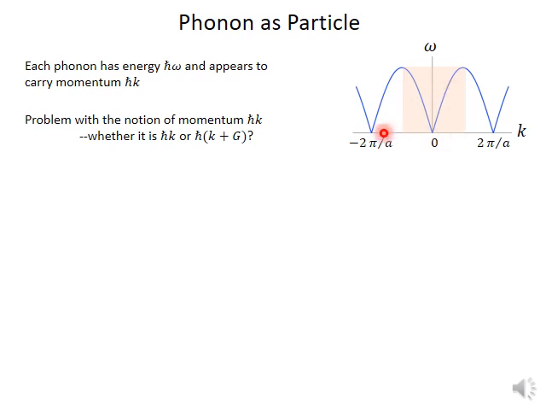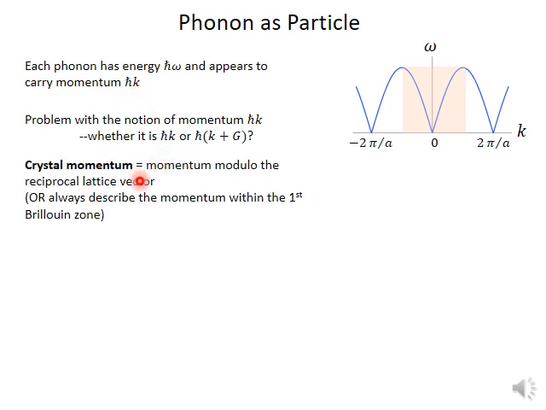So k is equal to k plus G or k minus G. So what would be the momentum of the phonon then? Would it be h bar k, or h bar k plus G, or h bar k minus G? That's the problem with defining momentum in this way, as h bar k.